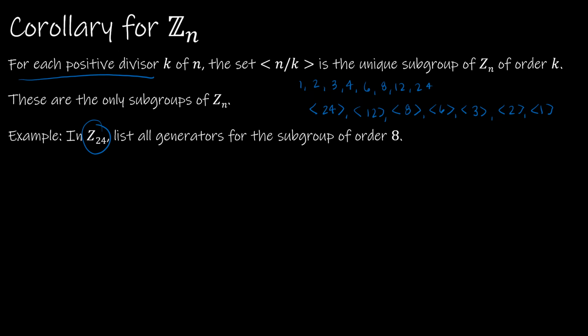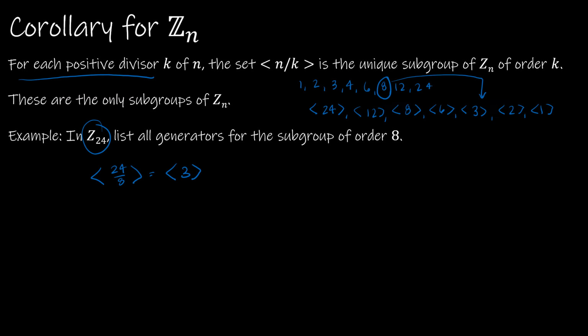of order k. So now we're asking the question, in Z24, list all the generators for the subgroup of order 8. So the subgroup of order 8, that's where we got this. Right? We said subgroup of order 8 says 24 divided by 8 means 3. So 3 is a generator.